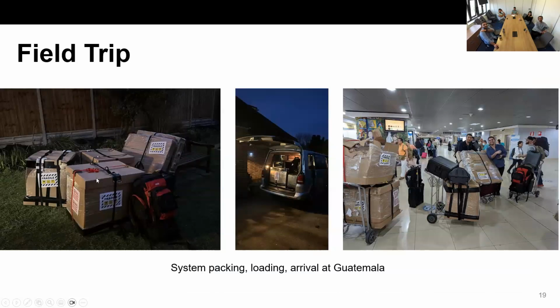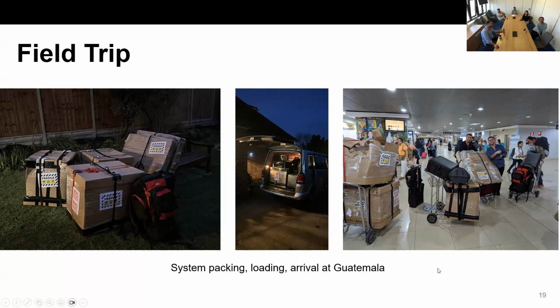And on the left-hand side, this is our pack here in London, Emmons Place. And the van that you can see in the middle, with all the stuff. And on the right-hand side, us arriving at the airport. I know the packaging is not the same as the initial combination, but it's another journey.